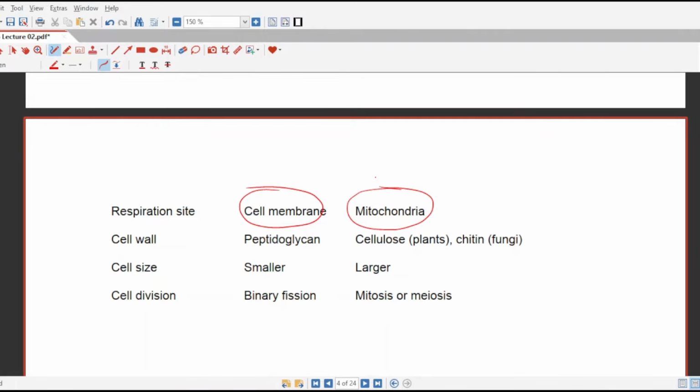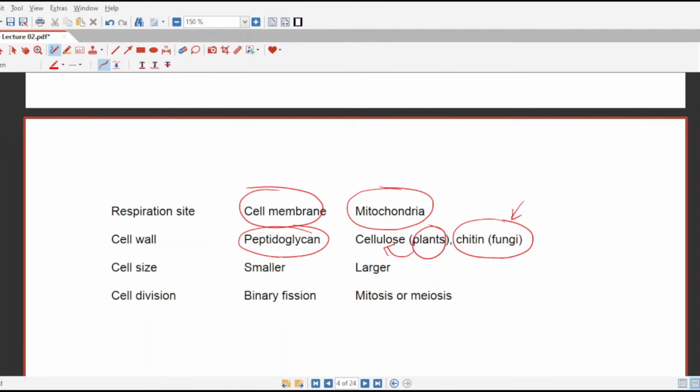Cell wall, in case of prokaryotes, must be present and it will be made up of peptidoglycan. In case of eukaryotic cells, if we consider the plant cells, plants will have cellulose and chitin will be found in fungi cell wall. And remember, all the animal cells will lack the cell walls.